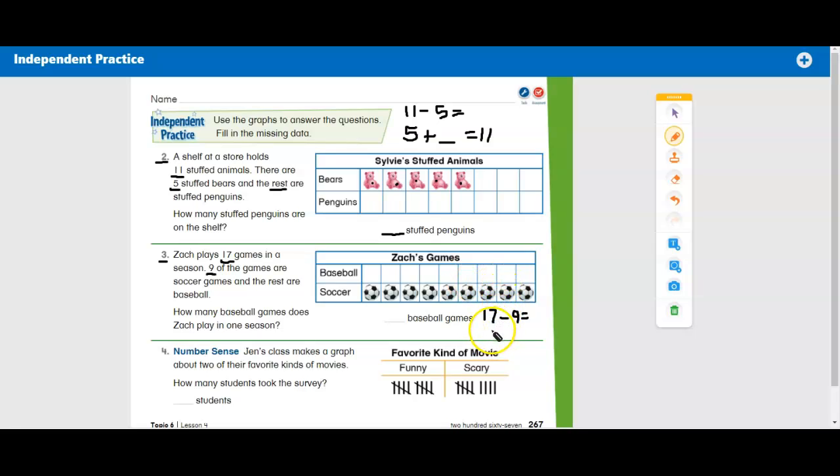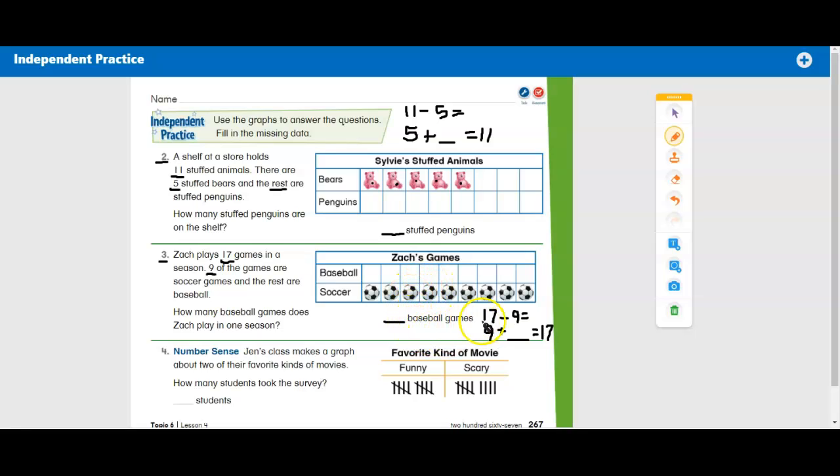Or you could use addition and say, I know 9 of them were soccer games. So what number would I add to 9 to give me 17? So you could solve using either way. You could subtract or add. Once you find your answer, write it here in the blank, and then fill in your picture chart to show that many baseballs.